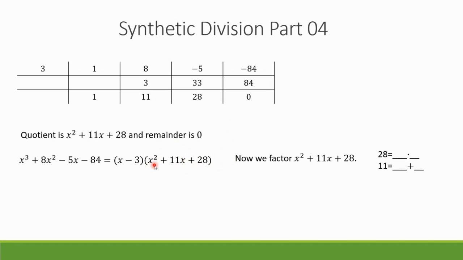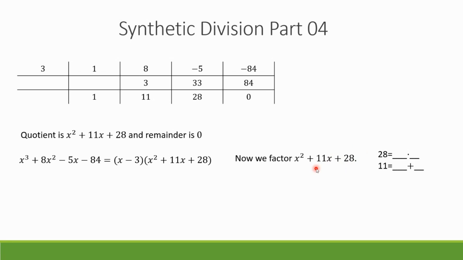We have a trinomial, and the leading coefficient is 1. So we want 2 numbers whose product is 28 and whose sum is 11. What 2 numbers will do that?